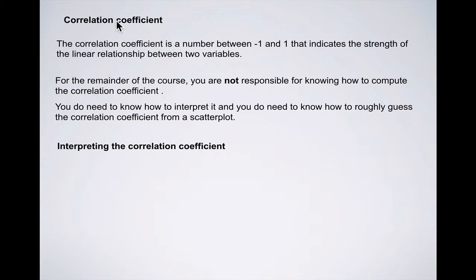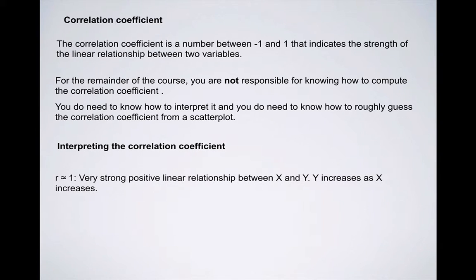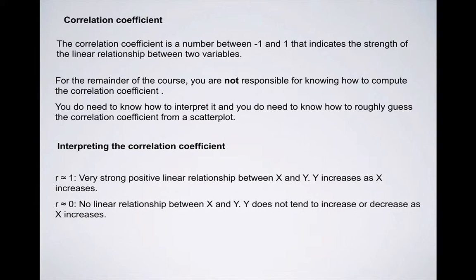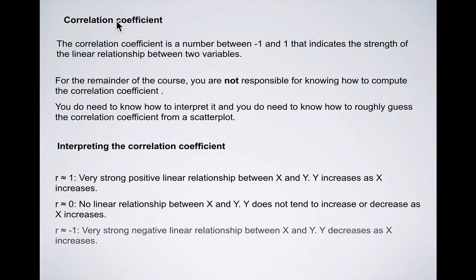So now, interpreting the correlation coefficient, if R is approximately equal to 1, there is a strong positive linear relationship between x and y, meaning that y increases as x increases. A correlation coefficient closer to 0 means that there is no linear relationship between x and y; y does not tend to increase or decrease as x increases.